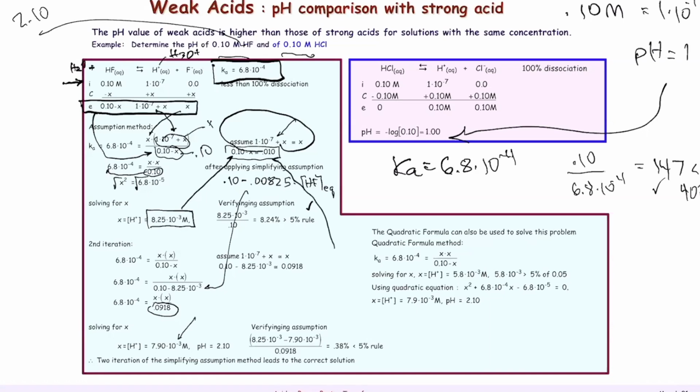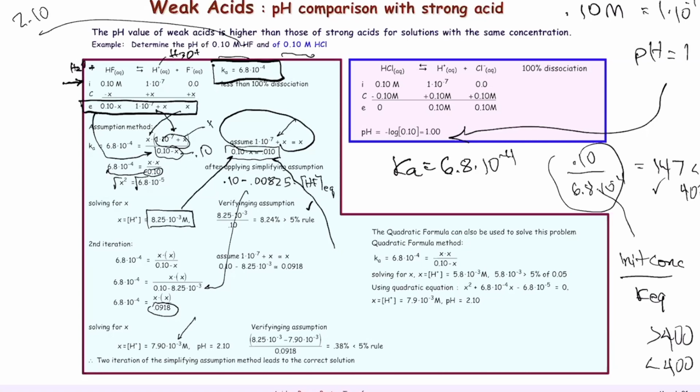Sometimes that assumption is not valid, especially if you use this criterion right here. Remember, this is the initial concentration over the K equilibrium, and that has to be greater than 400. If it's less than 400, then you need a second iteration. Quick and dirty check. But if you know about these assumptions that work, then the shortcut that I offer you is the following.